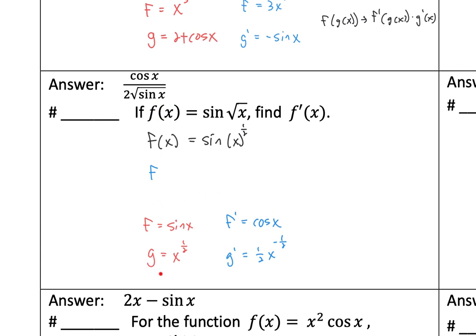I'm always calling f and g the outside and inside function, no matter what this is here. So f prime will be g plugged into f prime. So this will be cosine of x to the 1/2, times the derivative of g.